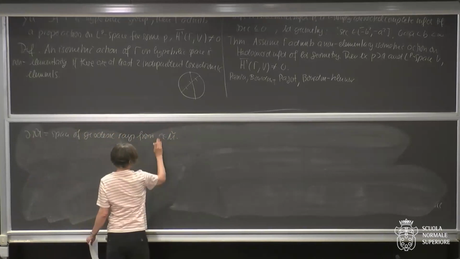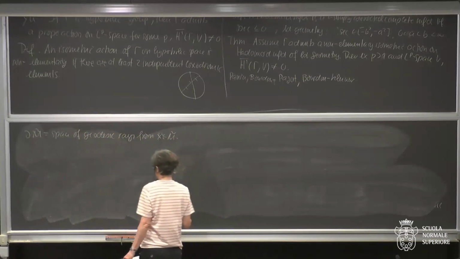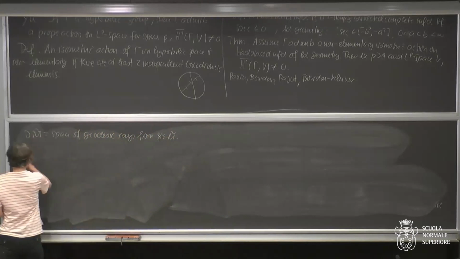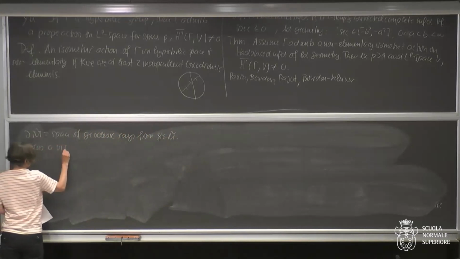So that is a nice space. In this particular case, it's a compact space, but it has a metric, and what's called a visual metric.